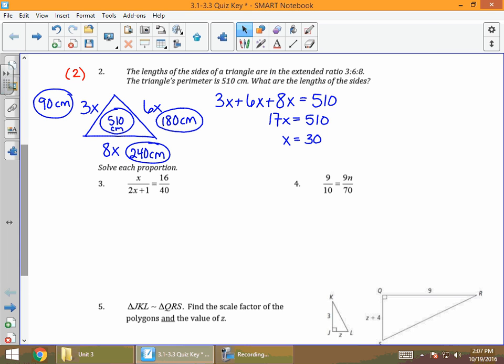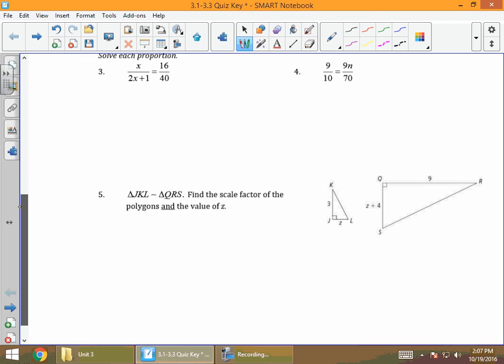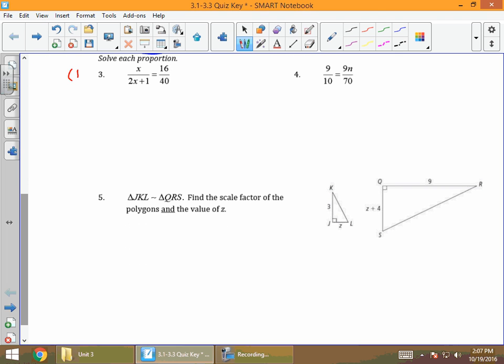All right, question 3 and question 4. Together, these are 2 points, so they're 1 point apiece. It just says to solve the proportion. This is cross multiply. I'll do this one first. x times 40 is 40x.